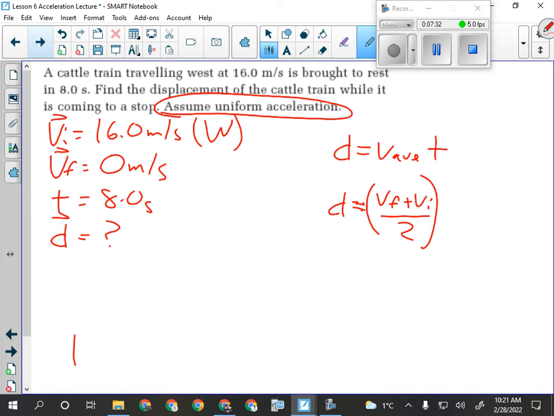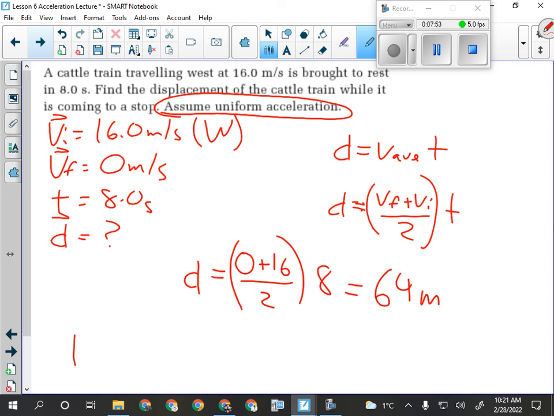I'm going to be using this formula, and I'm solving for D. So that's great because I don't have to manipulate it. I just have to plug my numbers in and solve. So D will equal 0 plus 16 over 2 times 8 seconds. 16 over 2 is 8, times 8 is 64 meters west.